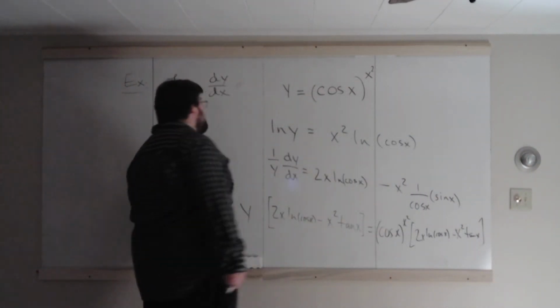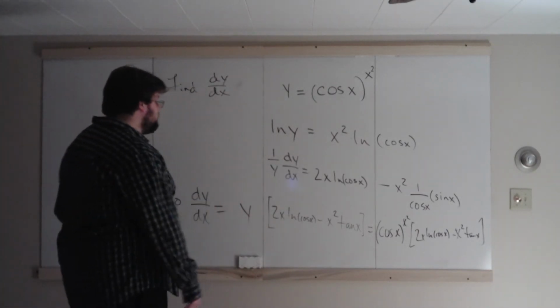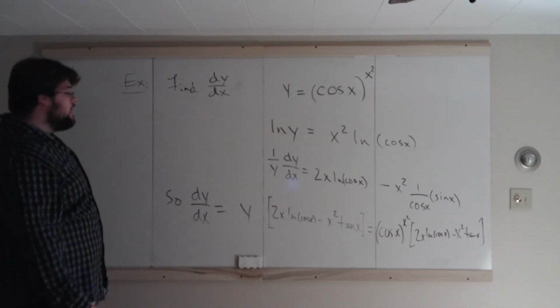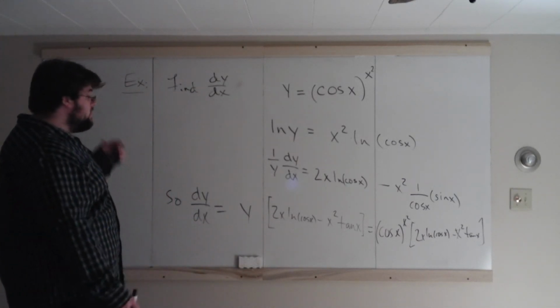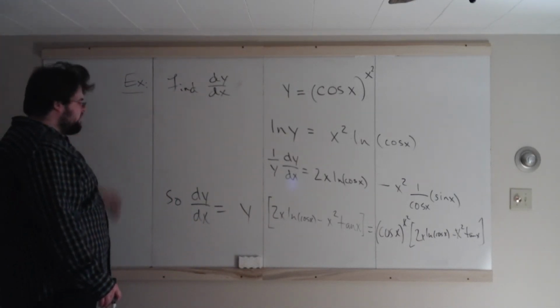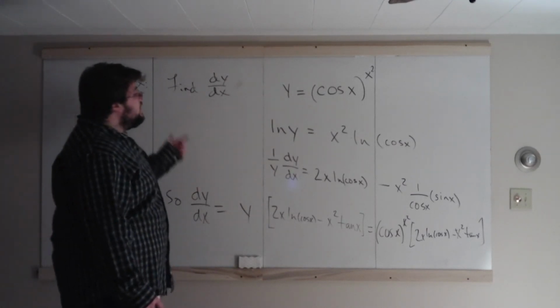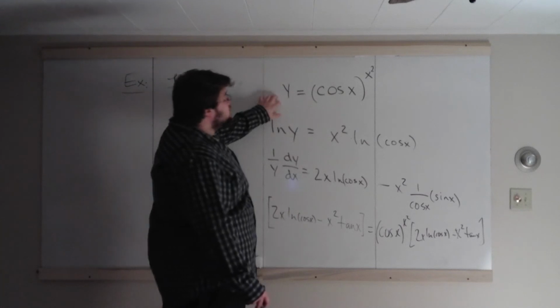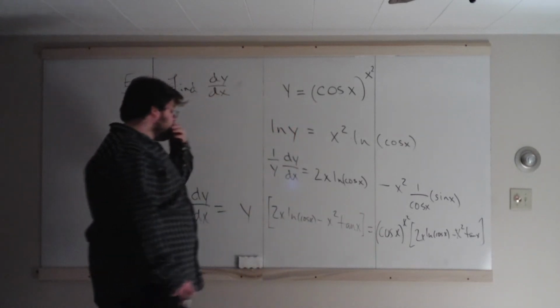And yes, you do have to resubstitute for y. You do have to, if you can. In the implicit differentiation examples we did, well, all three of them actually, y was not solved in terms of x. But here, and in the last two examples, y was solved in terms of x, so you do want to substitute back in for that.